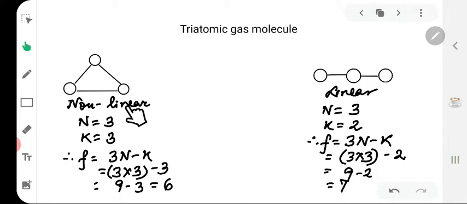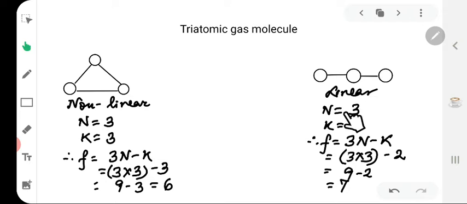So in case of a non-linear arrangement, you can see there are 3 independent relations. So n is equal to 3, number of particles is 3, and k: 1, 2, 3. So k is also equal to 3. So degrees of freedom f will be equal to 3n minus k, that is 3 into 3 minus 3. So 9 minus 3, that will be 6.